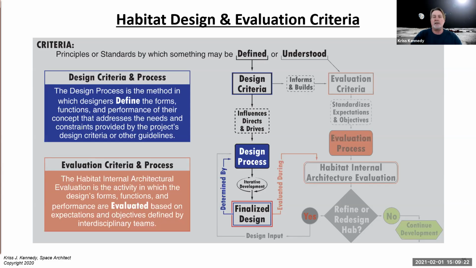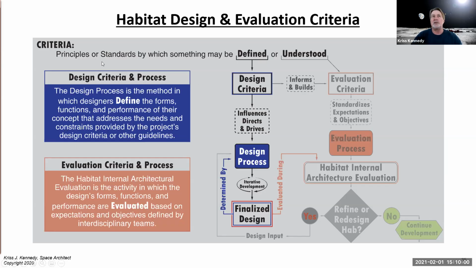Evaluation criteria is the internal habitat architectural evaluation, an activity in which the design's form, function, and performance are evaluated based on expectations and objectives defined by the teams. So one is used as criteria to influence the design, to guide you to make sure you're covering different aspects of the design. The other is the evaluation of the design. So it's really important to define what criteria you're using in your evaluation and those definitions.